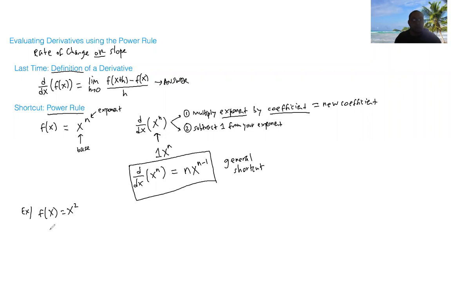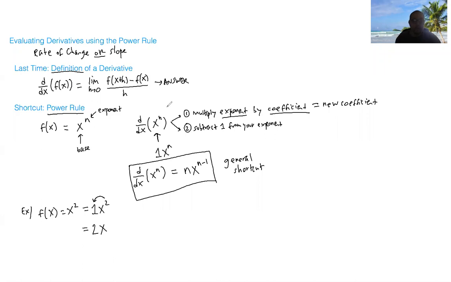We know that x squared is the same thing as 1x squared. The 1 is kind of unspoken, like the silent letter. In this case, the first step is to multiply the exponent times the coefficient, and this becomes our new coefficient. So 2 times 1 is going to be 2. We said the base is going to stay there. And then the second step is to subtract 1 from your exponent.